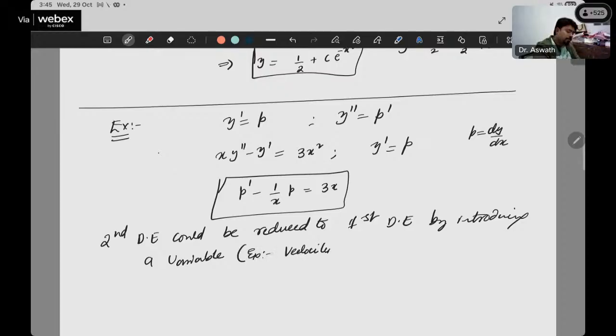In this case, p is like a velocity, if x is time and y is some distance.